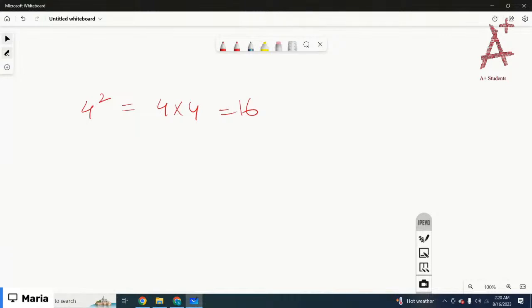You have two basic things here. Just understand 4 square. 4 is the base and 2 is the exponent. So you have to evaluate the base as many times as the exponent. So I have to do 4 times 4. You have to multiply 4 two times, right?